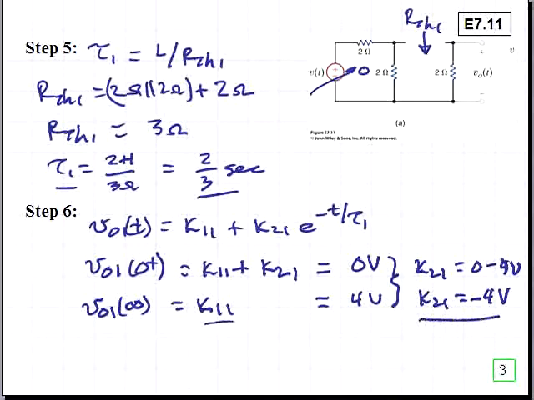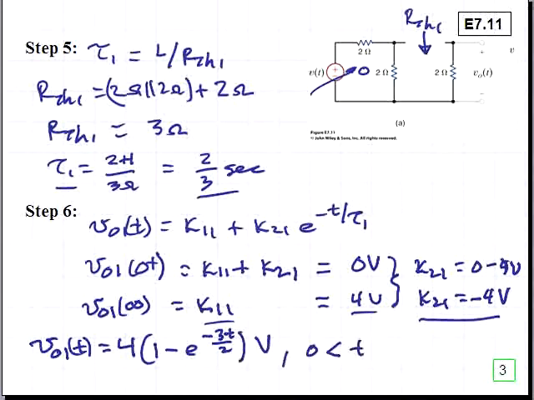That combined with the K11 of 4 volts will enable us to put together a solution for this first interval. vO1 of t is equal to 4 times (1 minus e to the minus 3t over 2) volts, and this is for the period 0 less than t less than 1 second.